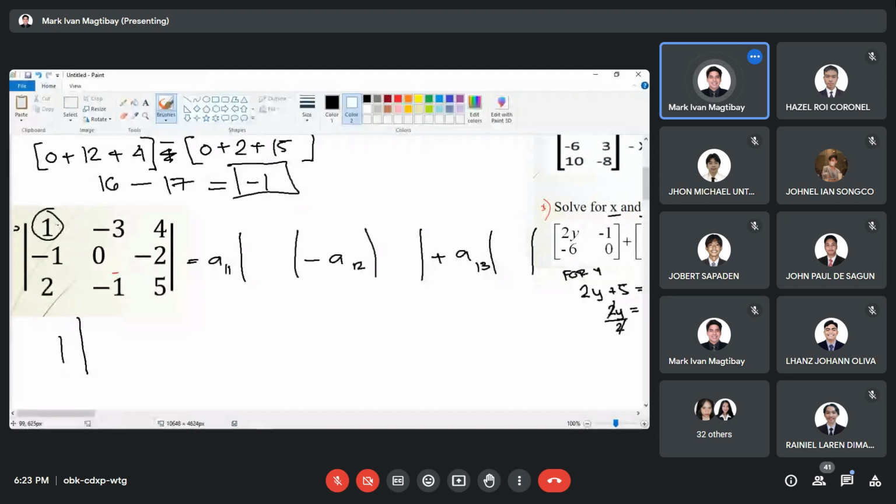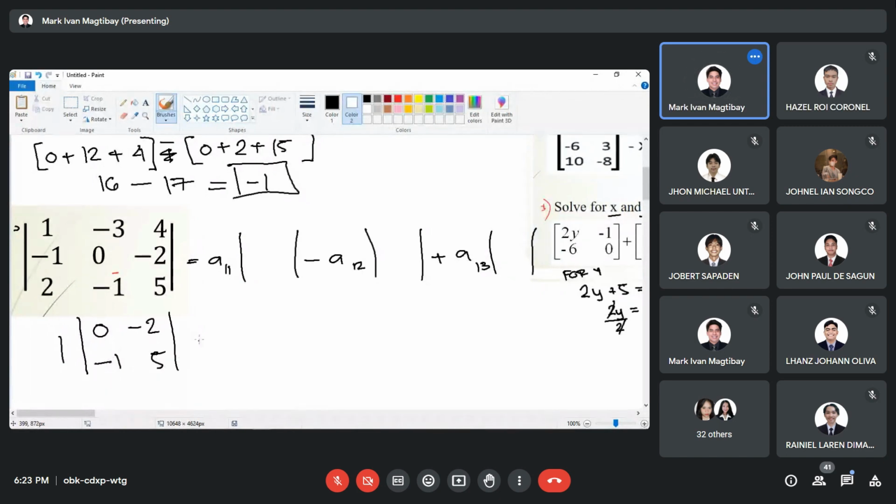So meaning to say, this particular row and this particular column. So try po natin burahin muna para mas makita natin yung matitira. So, yung matitira po sa kanyang matrix is yung ating gagamitin po. So, lalagay po natin 0, -2, -1, and 5 po natin.